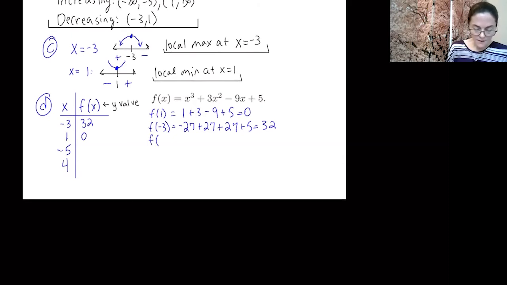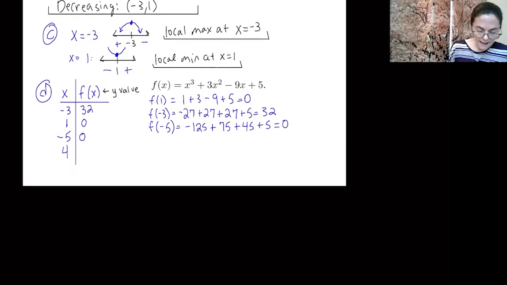f of -5, we have negative 125 plus 75, and then a plus 45 plus 5. Let's see, what do we have here? That is 80, 120. Oh, we get 0.